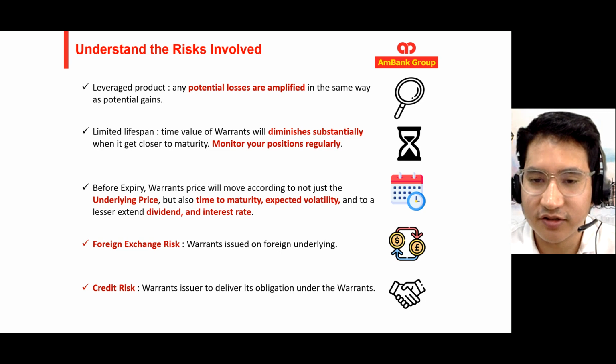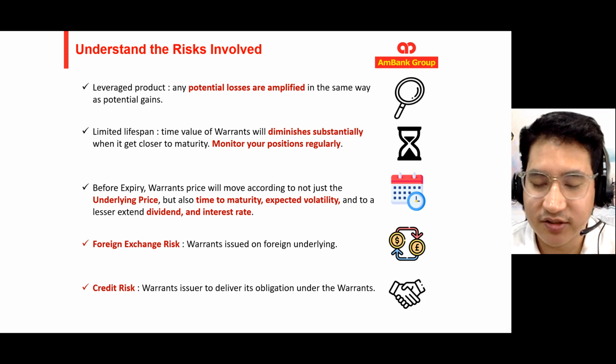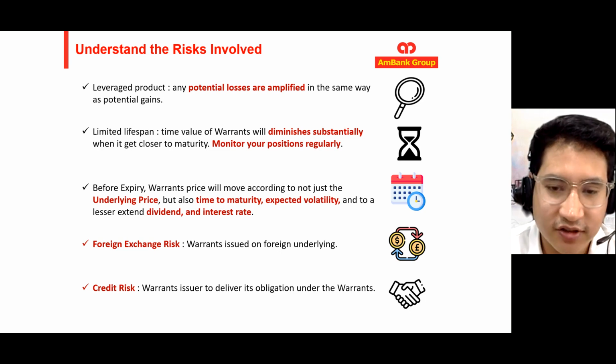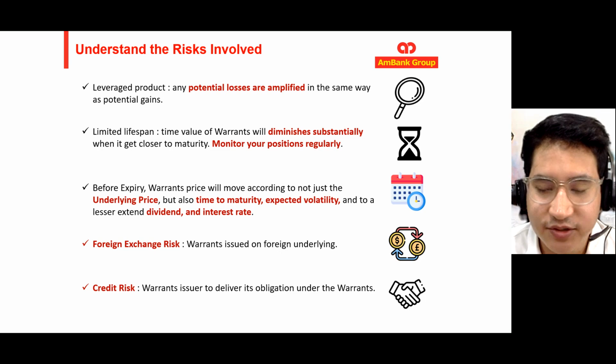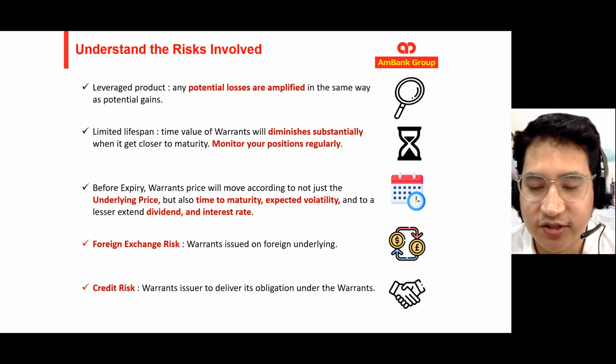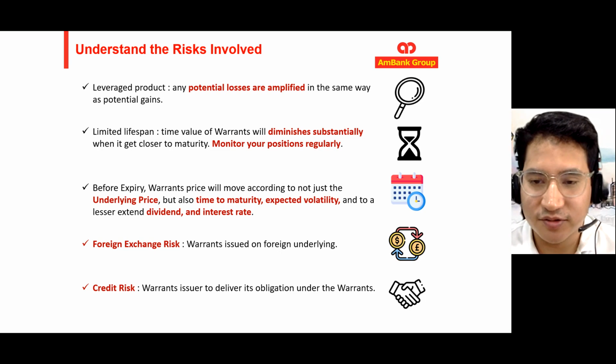But currently, we don't do any overseas structured warrants. And then credit risk as well. Like I said, because it's cash settled, the warrant issuer has to deliver its obligations under structured warrants. But as a bank, you're quite safe, so you don't really need to worry about this as much.